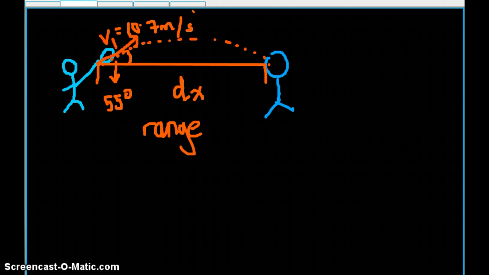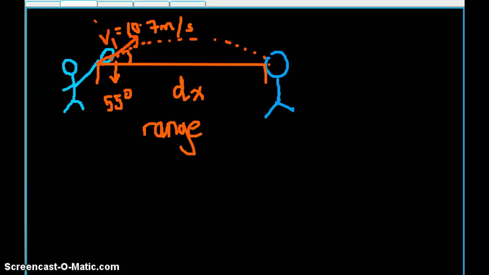Now, notice how I write v1. I don't specify v1x or v1y. This is because I haven't broken it down into its components. All the question tells me is it's launched at an initial velocity of 10.7 meters per second and an angle of 55 degrees. So I can't just say that it's v1x or v1y.